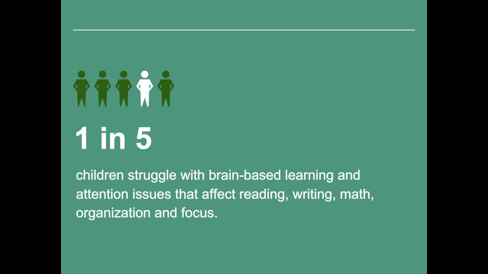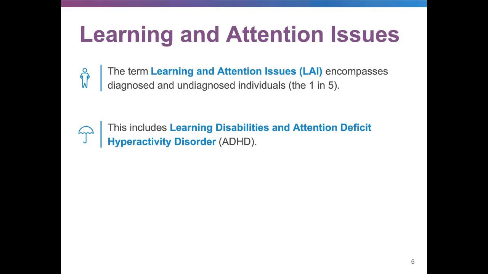So out of your classes, at least around 20% will have learning and attention issues. So this is not an uncommon problem. Learning and attention issues encompass both diagnosed and undiagnosed individuals, both identified and unidentified individuals. That's where that 20% stat comes from, the 1 in 5. And it includes things like learning disabilities and ADHD.